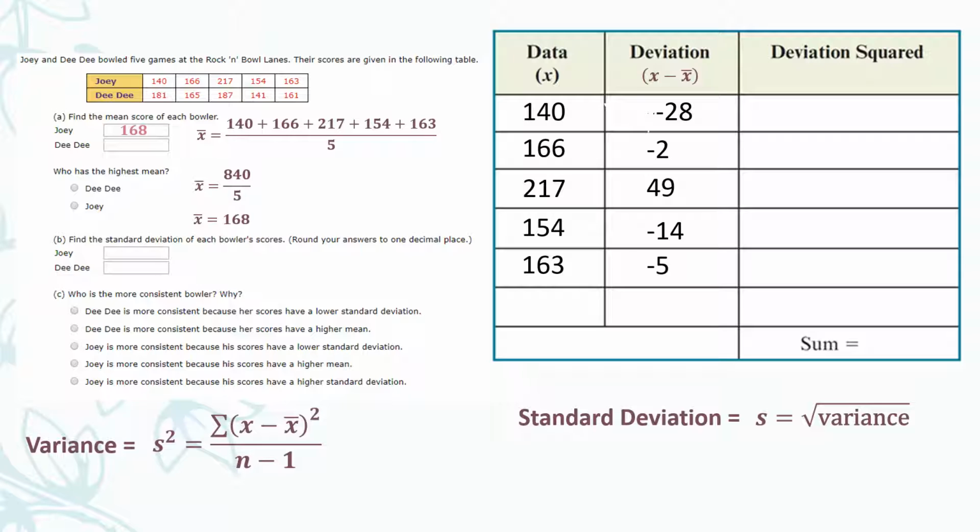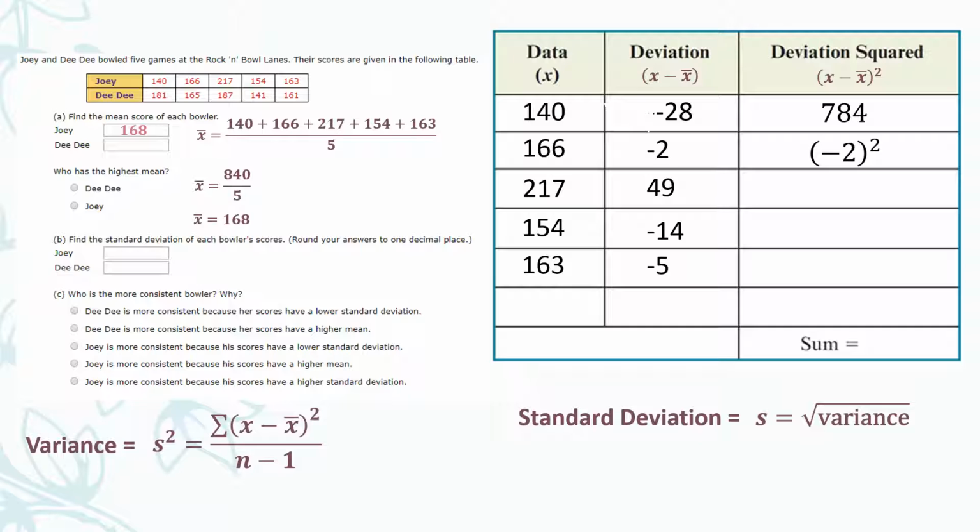Now, what do we do next? Next, we're going to square those deviations, and we need to be very careful to put parentheses around our negative numbers if we're squaring them in the calculator. So negative 28 squared, again with the parentheses, is 784.